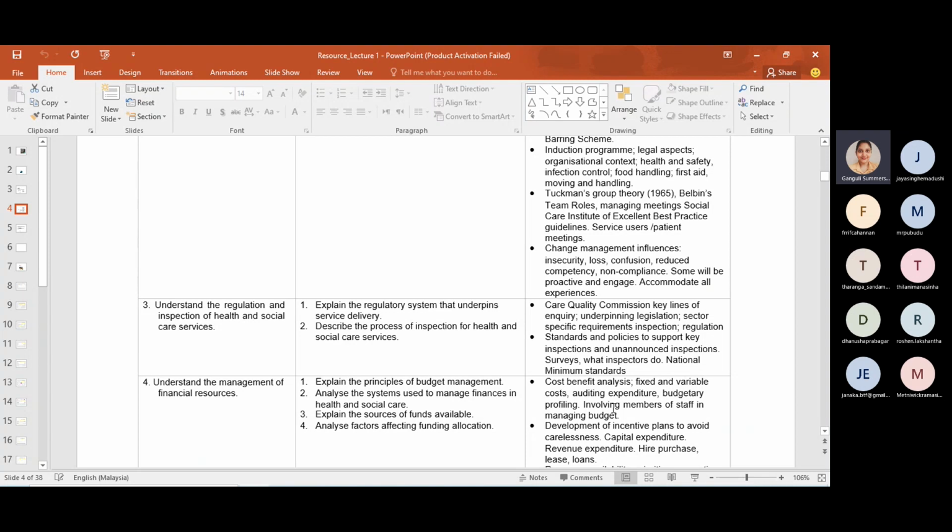There are 2 assignment criteria under learning outcome 3, so you will learn these 2 topics.